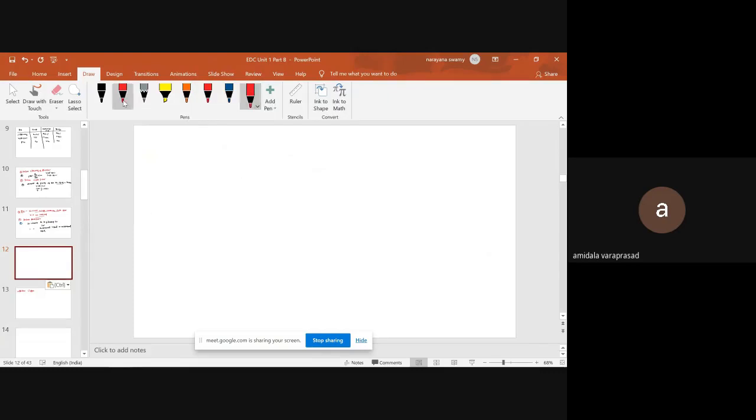Purpose of filter. Next question is the purpose or use of filter in a rectifier. What is the answer? Filter can remove ripples in the output of the rectifier.